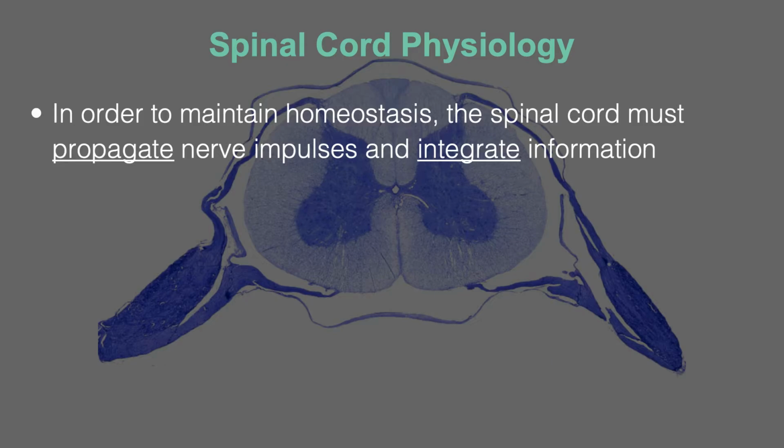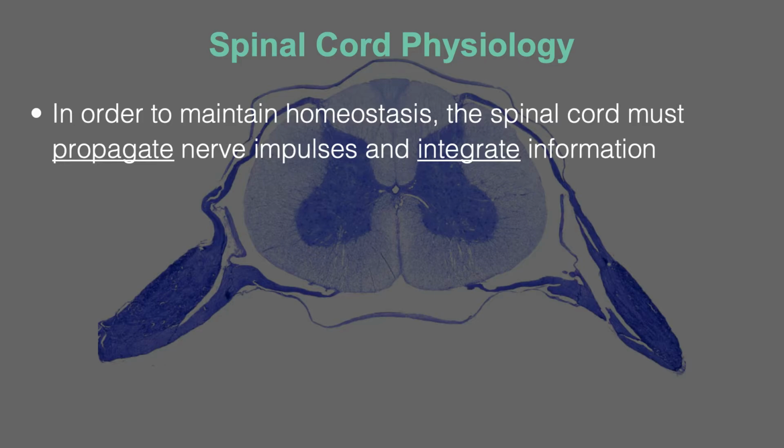Its two main jobs, as a major conduit and the connection point between the central and peripheral nervous systems, is to convey information. So anything from the periphery that needs to go to the brain, the spinal cord will propagate or convey that information. Any information from the periphery that needs to go to the brain is typically important.